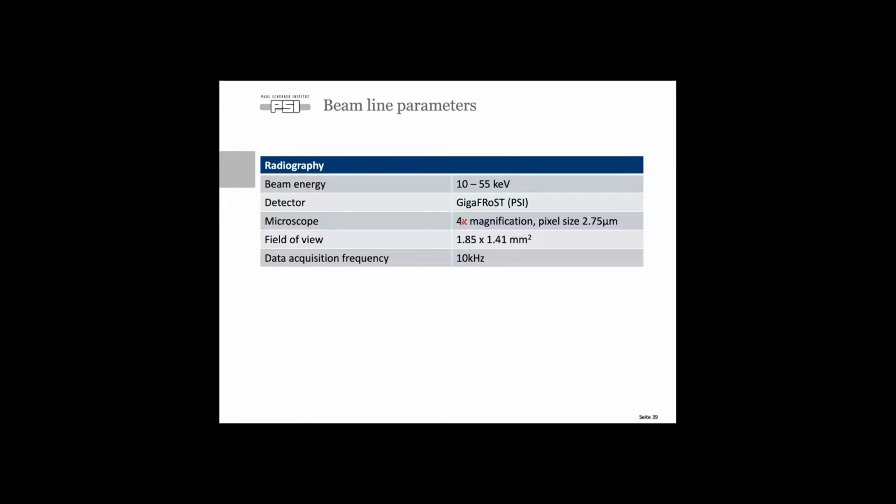So as said, we had a 4-time magnification, so we end up with an effective pixel size of 2.75 micrometers. So it's not super high resolution, but it's good enough for what we want to do, as you will see. And the field of view is fairly large, so that we can try to see as many cracking and other events as possible.